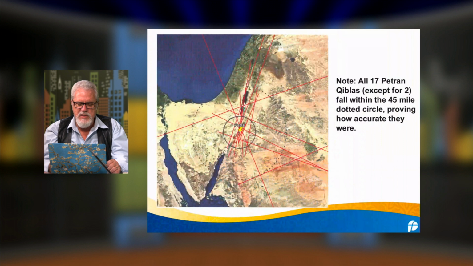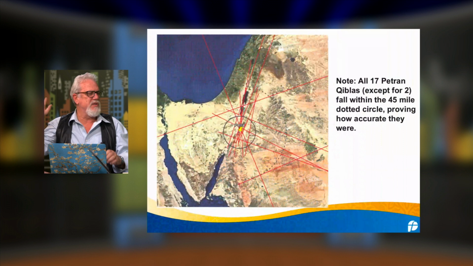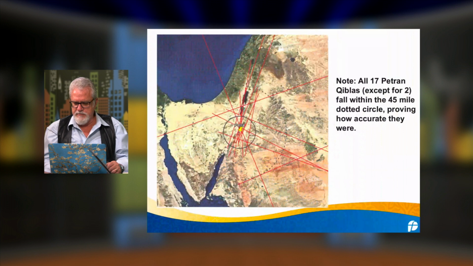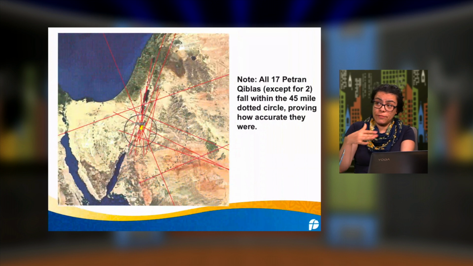That means all 17 Petran Qiblas, of which we've only looked at 4 or 5 or 6, are within the dotted circle, proving how accurate they were, even from thousands of miles away, as with Guangzhou and India. We would be questioning it if the mosques were all 5 degrees off from everywhere, but they are all very close. It looks like they were intentionally built to look towards Petra.